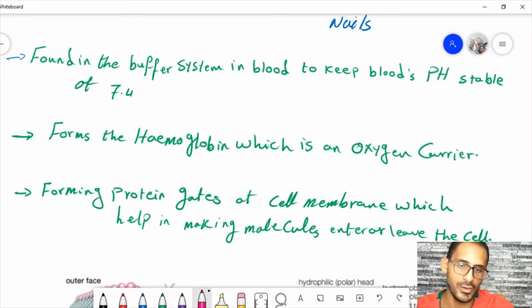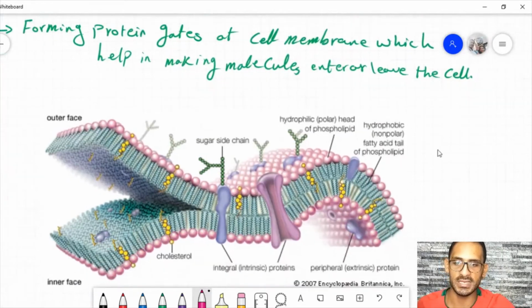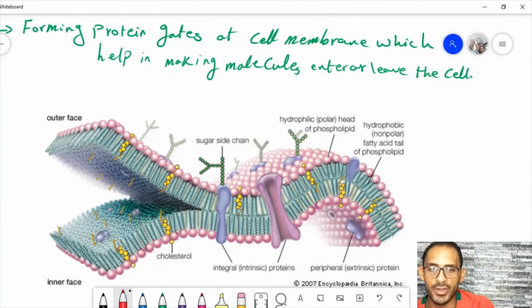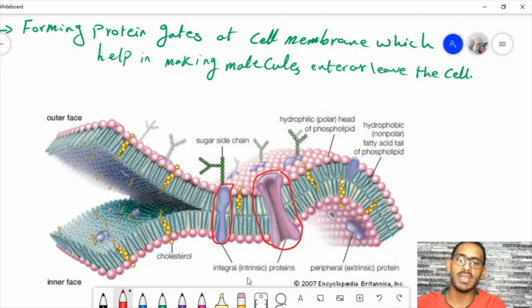Okay, and in order to see where these gates are, you can see these gates over here, like this one I'm surrounding with red, and this another one which I'm also surrounding with red. Now these are proteins. Now you'll find here another protein that is hiding down here.